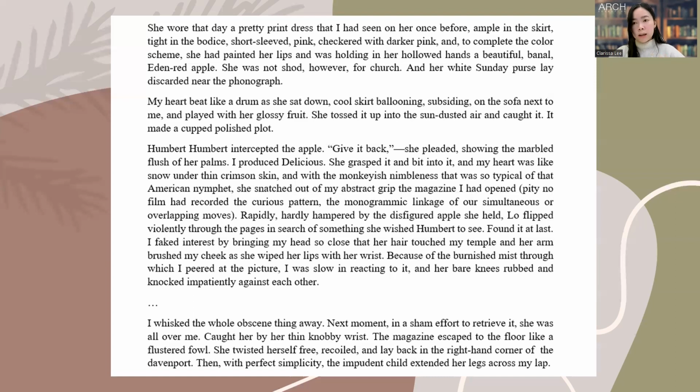This is the wrist of a young girl, and it's being highlighted. The pink skirt itself evokes childish innocence, and in the middle, the monkeyish nimbleness brings up images of childish playfulness. So her age is being emphasized. These are all things that I've noticed in this extract that I could talk about.